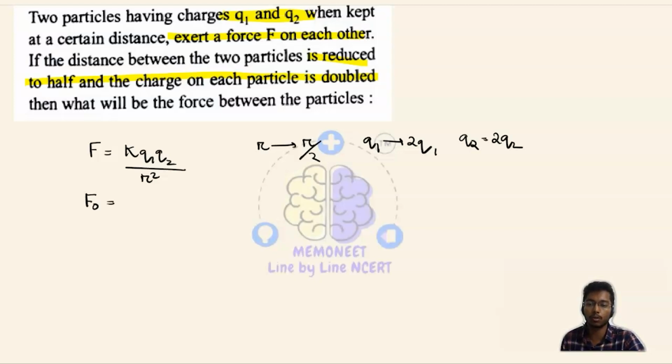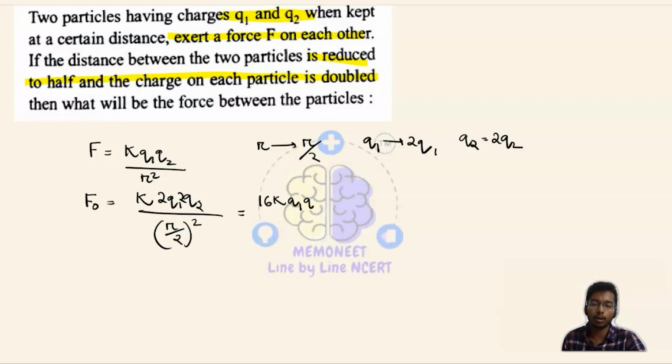The new force F0 = K 2Q1 into 2Q2 upon (R upon 2) square. If we solve this, it comes to 16 K Q1 Q2 upon R square. So it is 16 times the previous force, F0 = 16F.